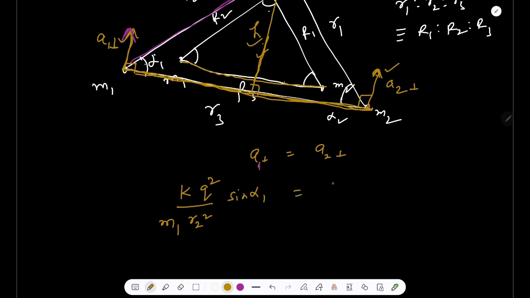And a2 perpendicular in a similar manner can be written as kq square divided by r1 square, times sine alpha 2.